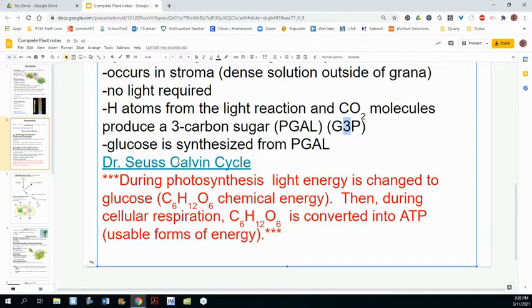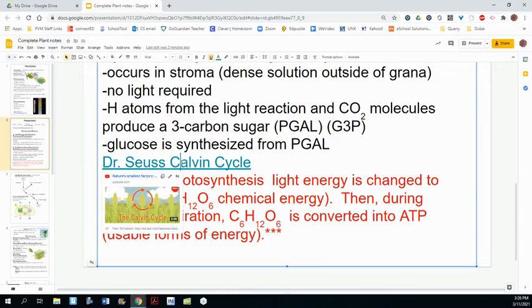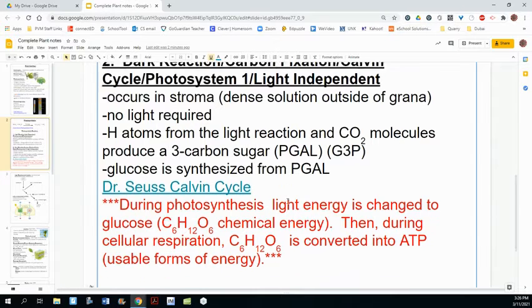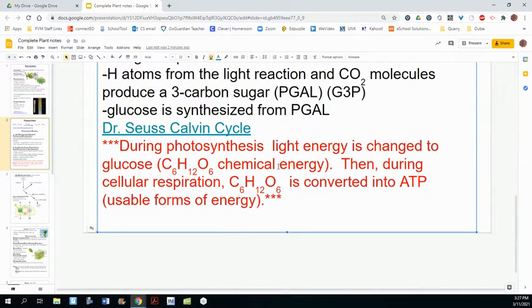And the video that we directed you to does actually do a nice job of showing that, but he talks real fast. I linked another one on here. This is the Calvin cycle, which is the photosystem 1 description. And this is a little more straightforward, and it's got a little Seuss kind of feel to it. During photosynthesis, light energy is changed to glucose, which is chemical energy.